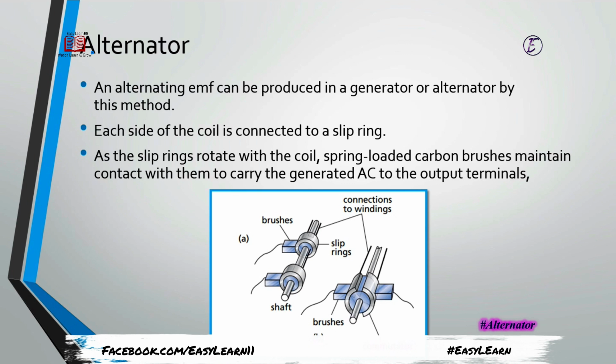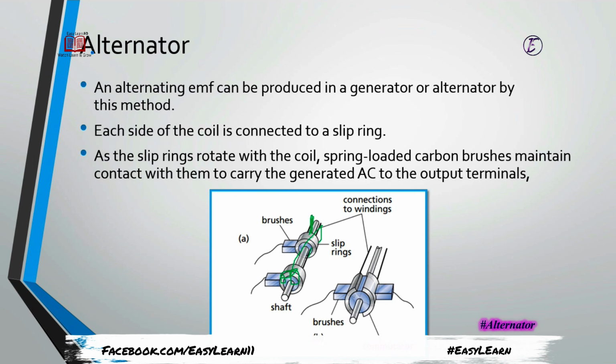Again, welcome back to the previous slide. Alternating EMF can be produced in a generator or alternator by this method that we are discussing here, and each coil can be connected to the slip rings. So the first coil and second, and if we have more coils, all coils need to be connected in the same pattern, with the first end of the coil connected to the first ring and the second end connected to the other ring.